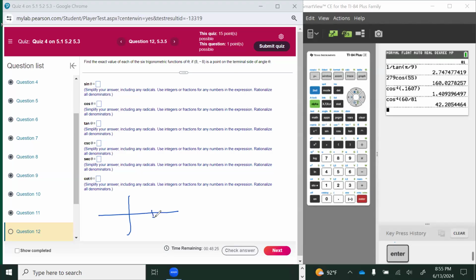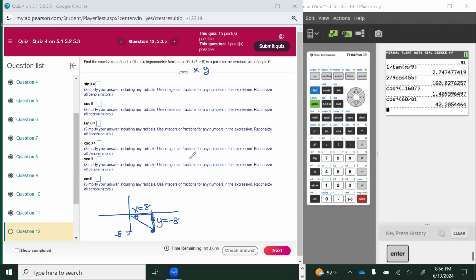So 8, -8, the point would be right here. The angle that you're referring to would be this angle. And so you're working with this triangle right here. The x value would be 8. The y value is -8, and that's given.